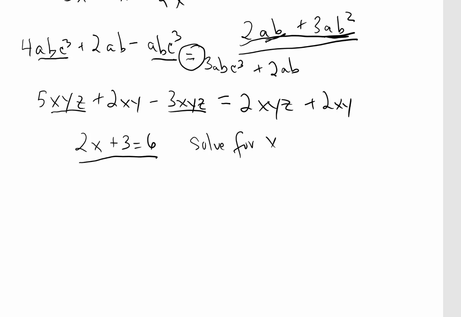And you would use rules and principles to solve for that x. So please don't be confused between the two. Right now we're dealing with algebraic expressions and how to simplify them using addition and subtraction.